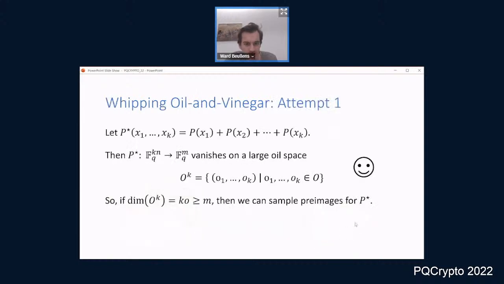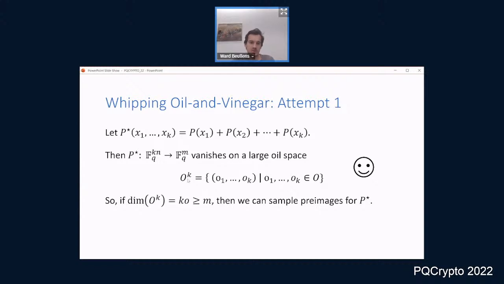So a naive way of doing this is to define your bigger map P star in this way. P star of x1 up to xk, we just define to be P of x1 plus P of x2 all the way up to P of xk. If you do this, the number of variables goes up by a factor k, but the dimension of your oil space also goes up by a factor k, right?